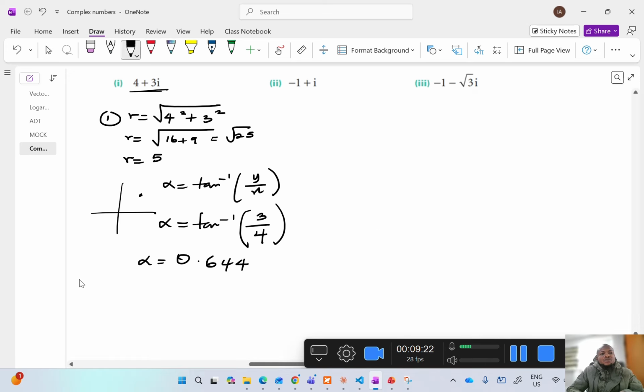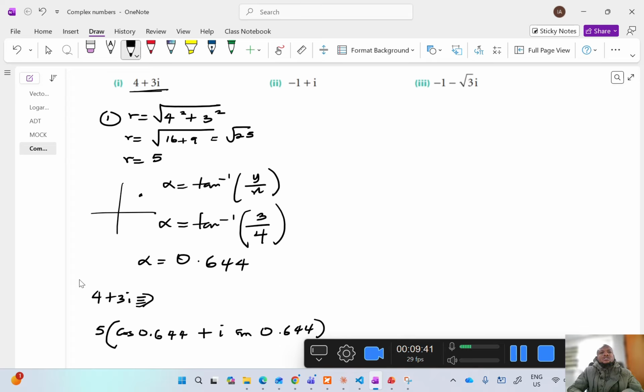So 4 plus 3i in polar form is equal to 5 cos 0.644 plus i sine 0.644. I hope this is well understood. This is the polar form of 4 plus 3i.